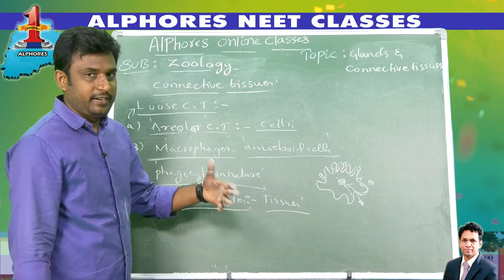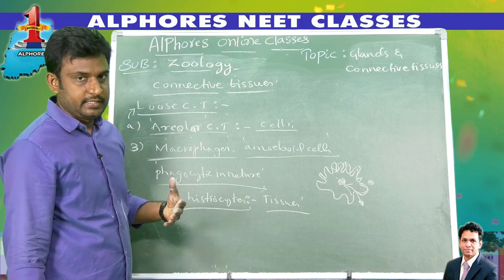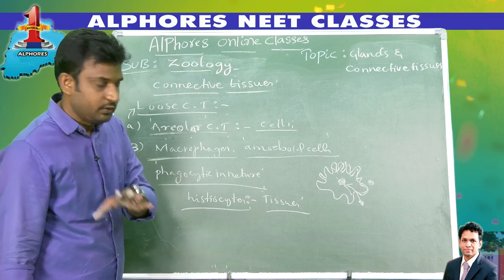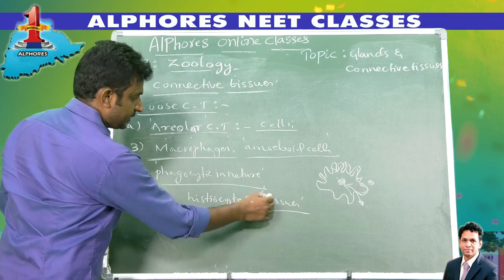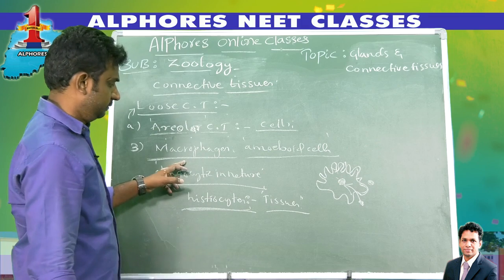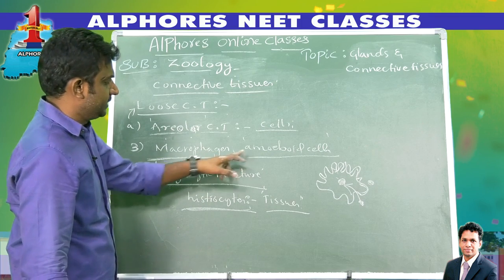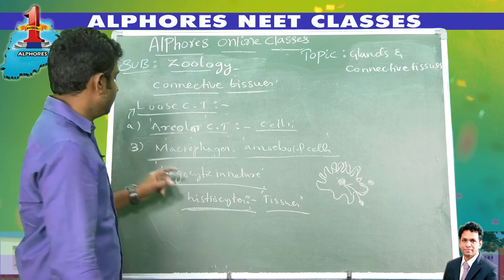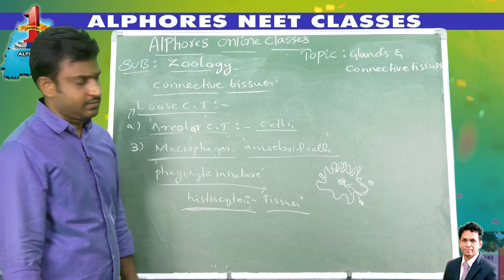Like that, different types of phagocytic cells are present in our body, named with different names. If the phagocytic cells are present in the tissues, these are called histiocytes. Macrophages, amoeboid cells, which are phagocytic in nature, are the third type of cells.